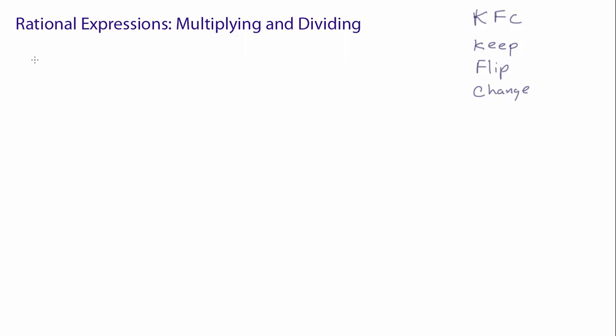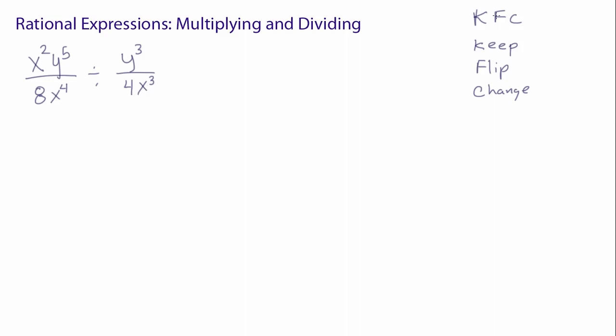All right, let's do the next problem. x squared y to the 5th all over 8x to the 4th, divided by y cubed all over 4x to the 3rd.